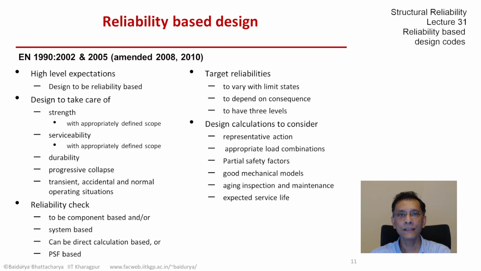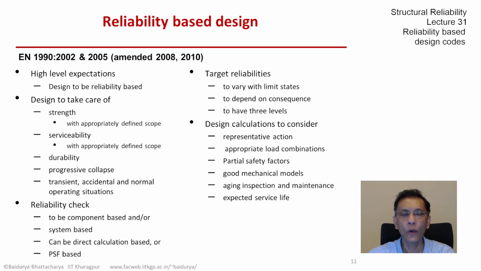So after presenting this summary storyline describing the high-level expectations behind the Structural Eurocodes EN 1990, let's see in the next few slides how the code makers have expressed these expectations through codal provisions.